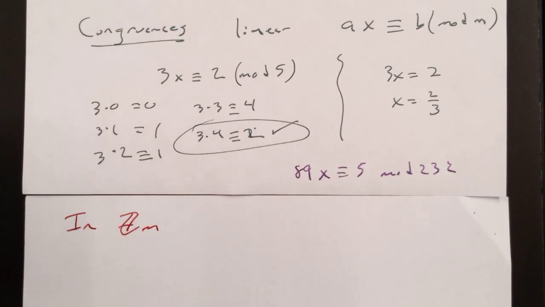In Zm, that means the integers mod m, the numbers from 0 to m minus 1, simply treated as remainders.